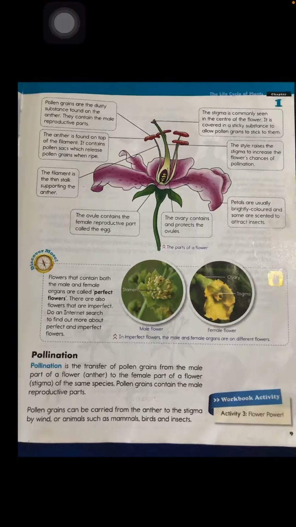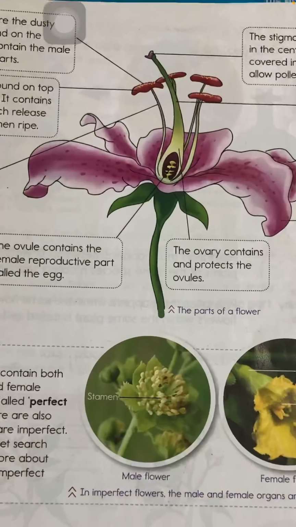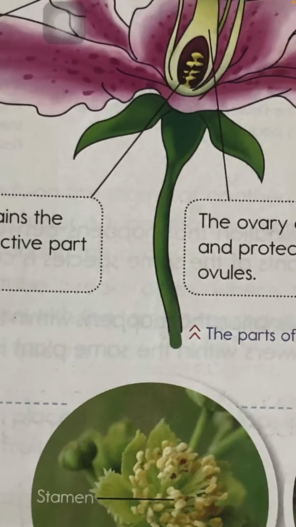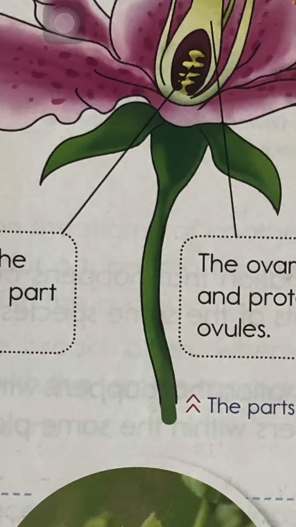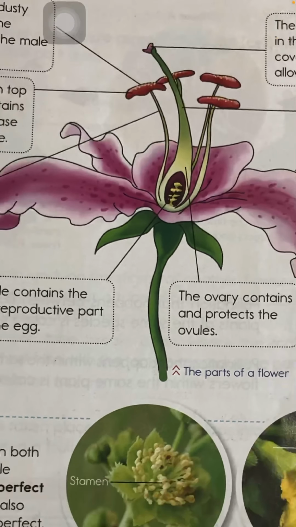You are seeing another typical, colorful flower. First, this rod-like structure is called the stalk, and these green structures beneath the petals are called sepals, which protect the internal parts when the flower is small or in bud form.